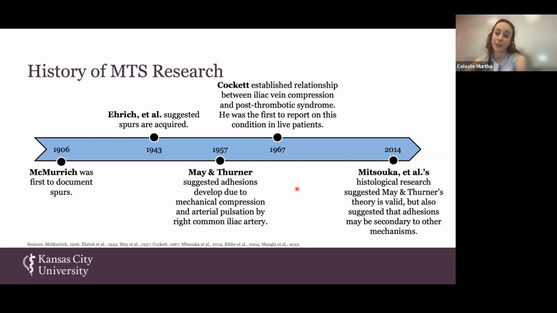And for this, he became the namesake for the disease in Europe, Cockett syndrome. And then more recently, Mitsuka and his colleagues in 2014 conducted histologic research that suggested that May and Thurner's theory of spur acquisition is valid, but also suggested that adhesions may be secondary to other mechanisms as well.